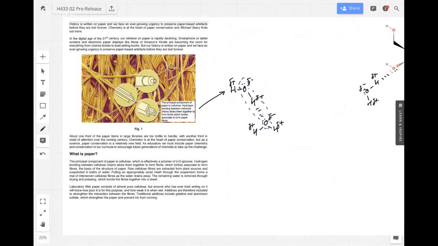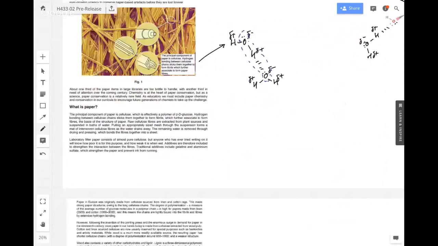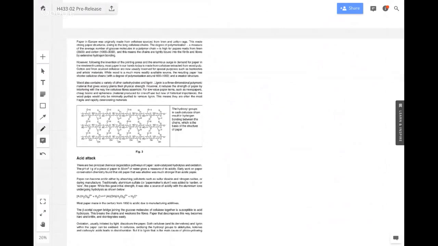If we go on to the second page, it says paper in Europe was originally made from cellulose, from linen and cotton, and it talks about the fact that how strong the paper is depends on how many repeat units you've got, and that's typical of polymers.